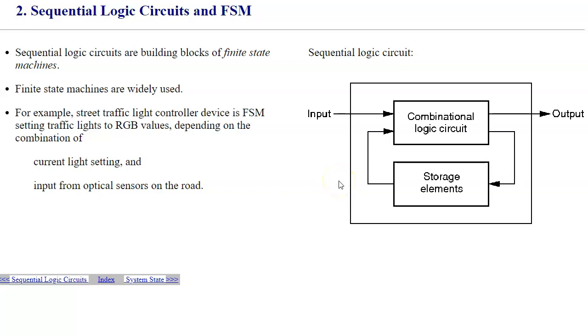Finite state machines are widely used, and every computer and every digital device essentially is an implementation of a state machine. In our next series of exercises, we're going to build a finite state machine that controls, using its outputs, a set of traffic lights.